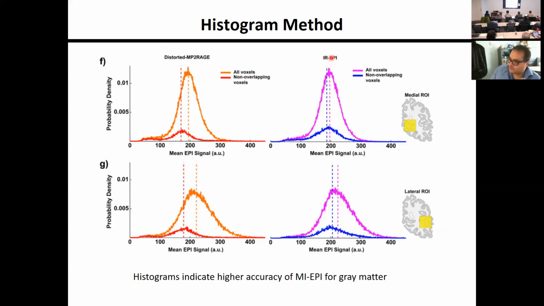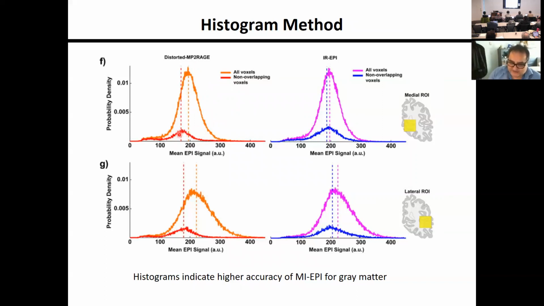The same for inversion recovery. Purple is the histogram for all voxels, and blue for the voxels which are just for inversion recovery to be gray matter. Now you see a certain EPI signal value, and then you see that the non-overlapping voxels, the mean value is shifted to the left.